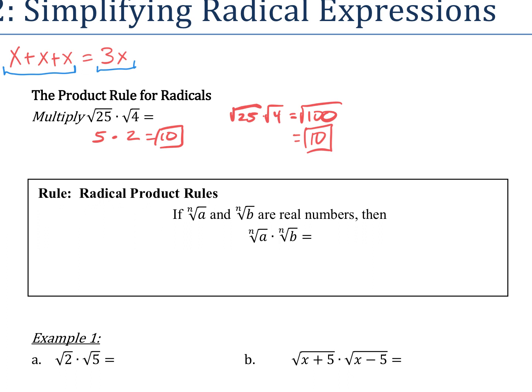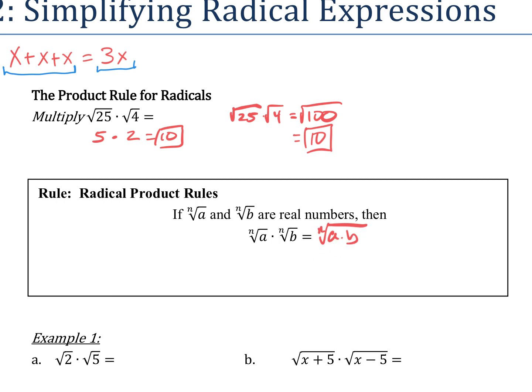So if we have the nth root of a times the nth root of b, well, that's the same as the nth root of a times b. In other words, we can take these two numbers, a and b, and multiply them so that we end up with one root and the two numbers multiplied underneath.